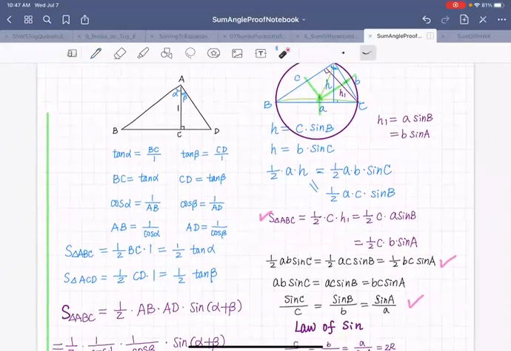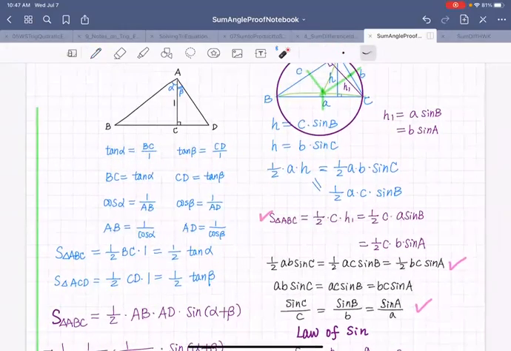We are going to use the triangle area formula for triangle ABC. The area is the base times the height, right? So triangle ABC is equal to 1/2 times BC times 1, because the height is 1.